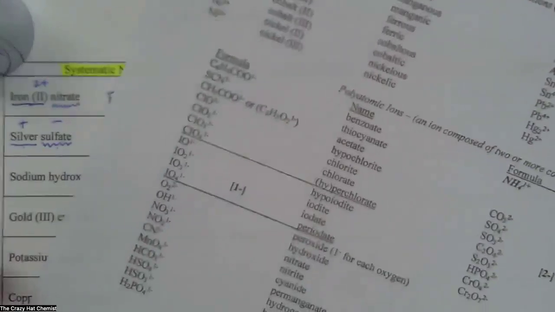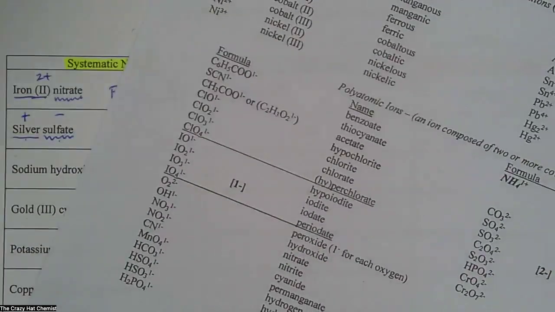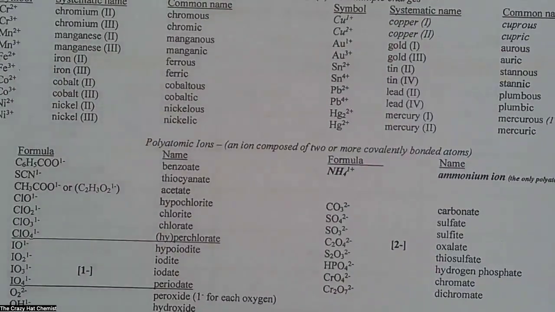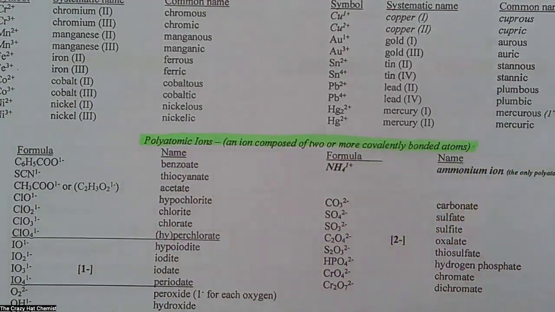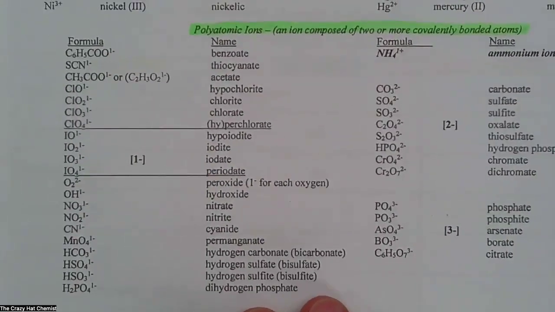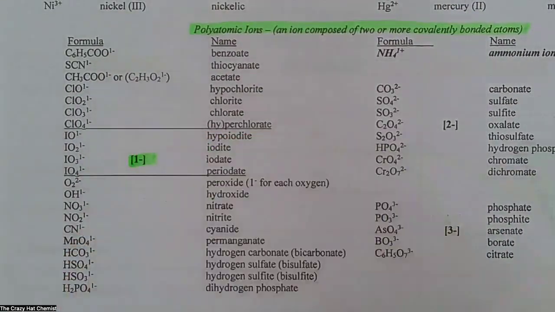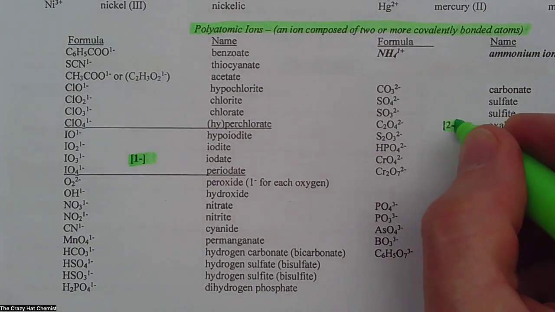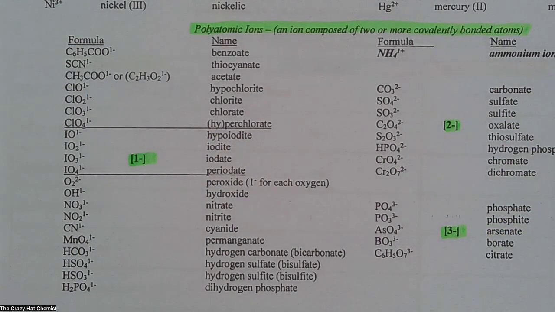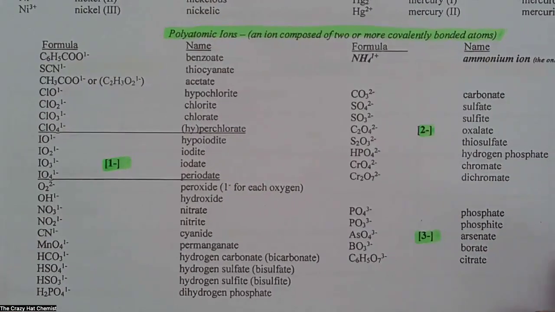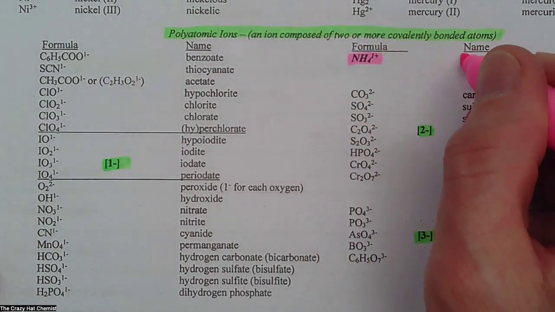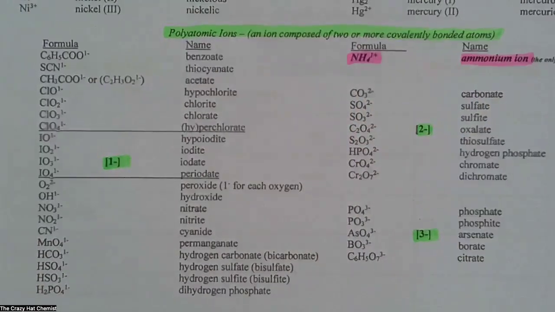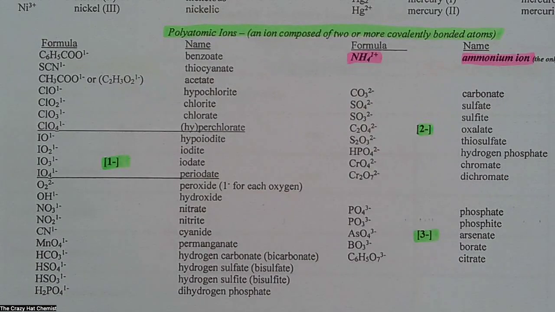The polyatomic ions are in this lower section here. They are blocked off into categories. That is -1, -2, -3. There is only one polyatomic cation, and that is called the ammonium ion, and that is written right here. That is the only polyatomic cation. The rest of them are anions.